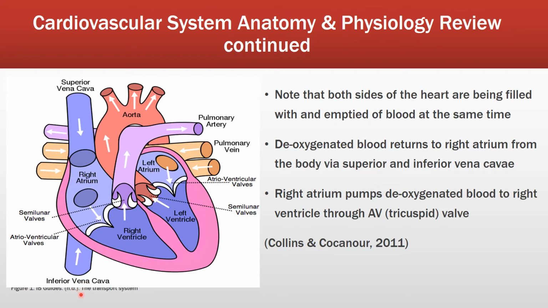So we have a superior vena cava, which brings the blood from the upper body, and the inferior vena cava, which brings the blood from the lower body. It goes into the right atrium, and then the right atrium will contract and push the blood into the right ventricle. Now here we have the atrioventricular valves. The right side of the atrioventricular valve is called the tricuspid valve.